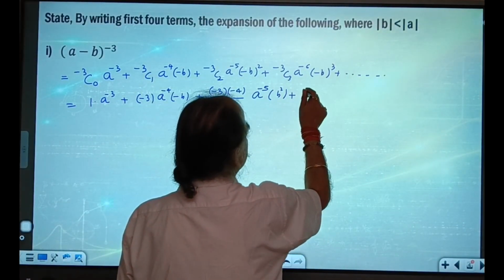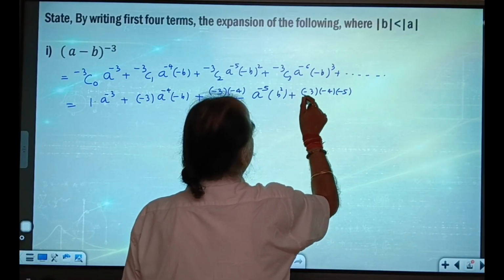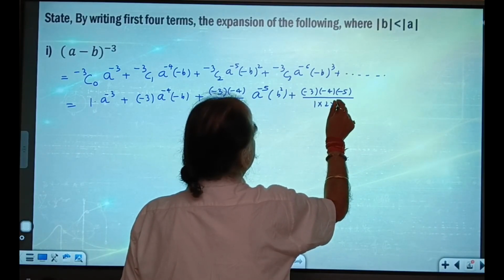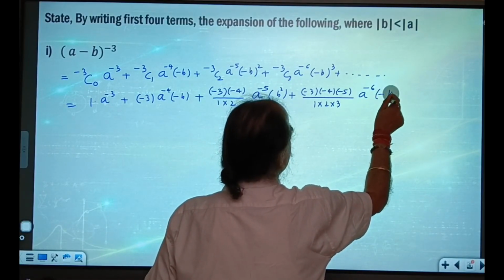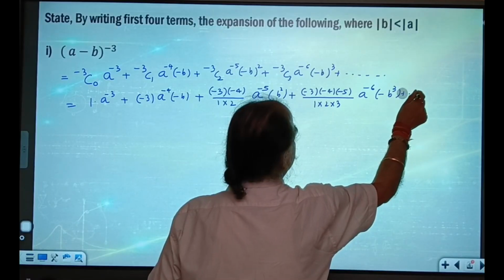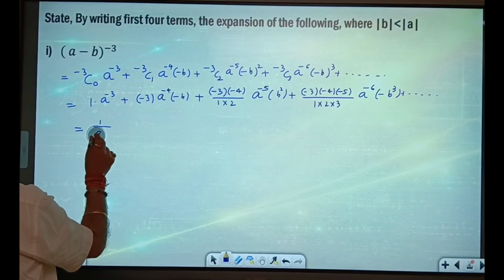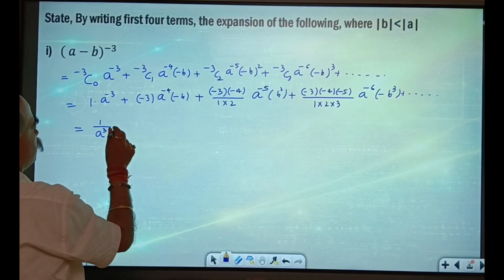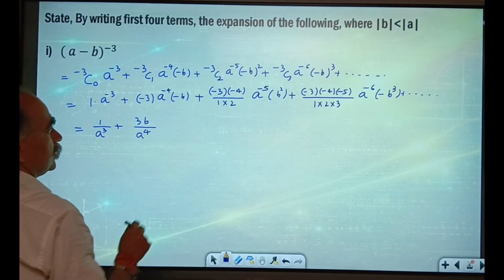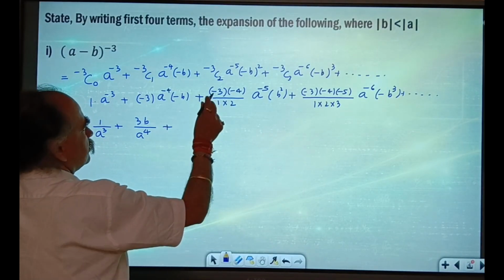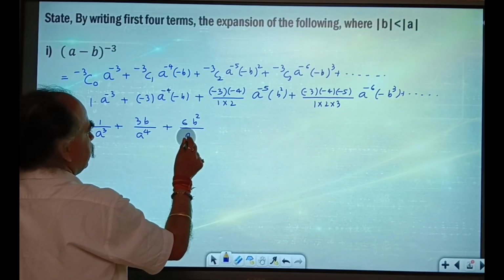Any number C3 is what? Minus 3, minus 4, minus 5 upon 1, 2, 3, a raised to minus 6, minus b cube, which is nothing but 1 upon a cube, minus into minus plus 3b upon a raised to 4, minus into minus plus 3 4 is 12 upon 2, 6b square upon a raised to 5.